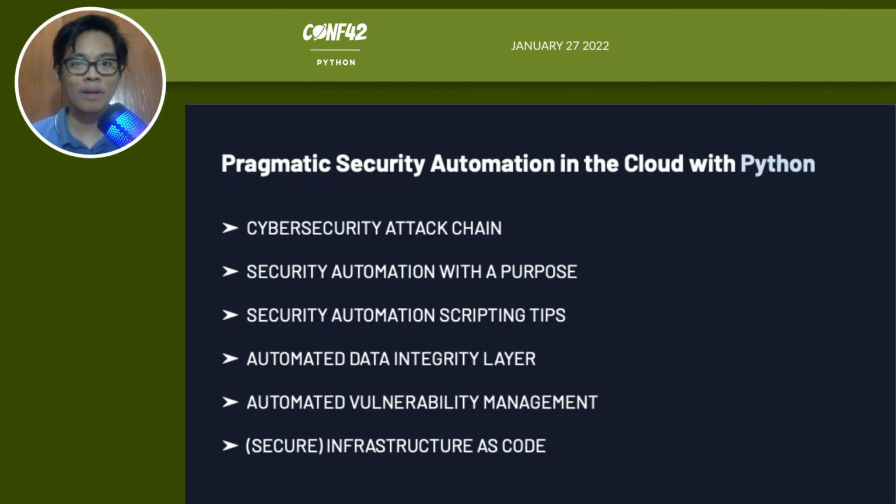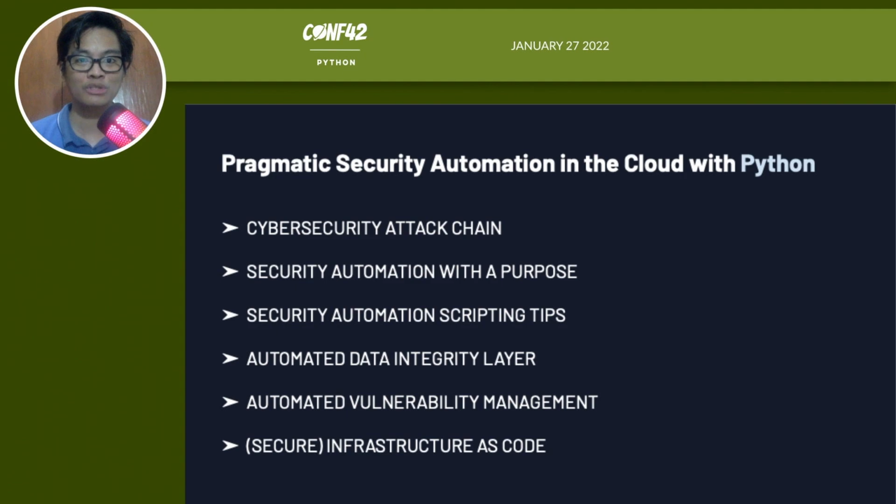So what will we talk about in this session? So we will talk about the cybersecurity attack chain. We're going to talk about security automation with a purpose. Basically, the goal there is for us to understand the different ways we can make use of automated scripts. We'll also talk about some tips and techniques when writing security automation scripts.